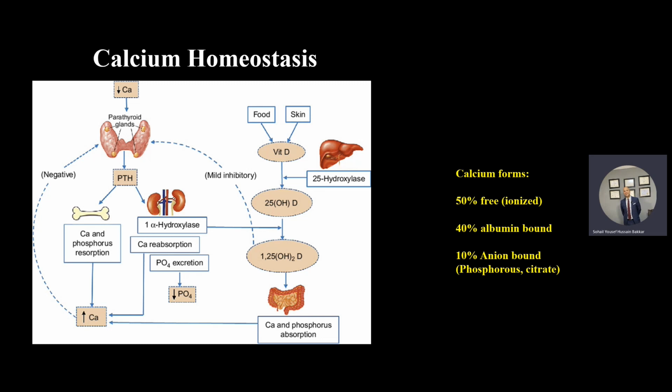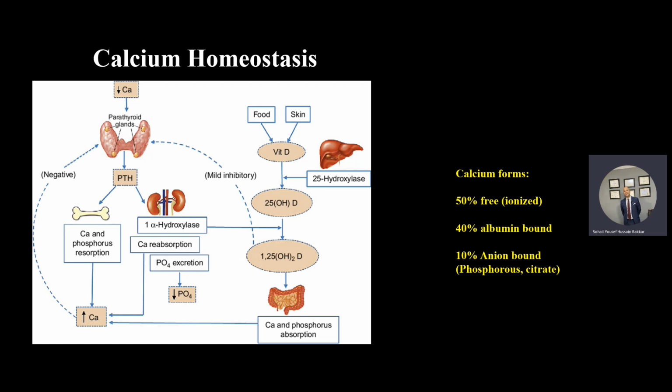So if you see in the figure, when ionized serum calcium levels go down, this will stimulate the four parathyroid glands to release the parathyroid hormone.